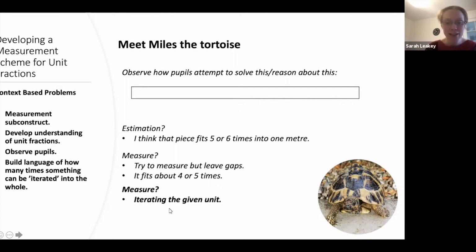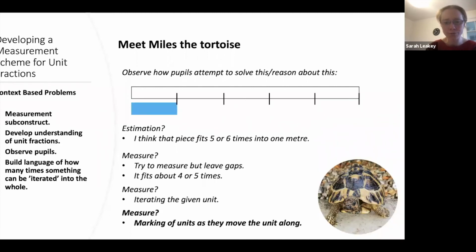Maybe they're iterating the given unit more accurately, so placing it, maybe putting their finger down and moving it along here to see how many times it fits in. It is important to build this measurement idea that they only have one copy of this unit rather than lots of them. So here we're building that understanding of something being iterated or fitted into the whole.